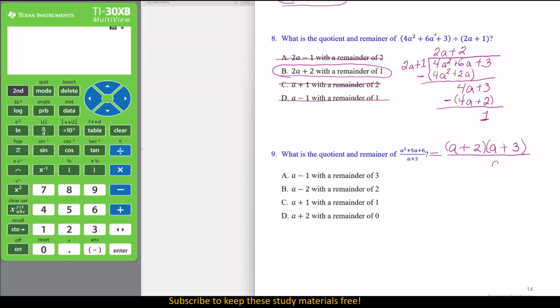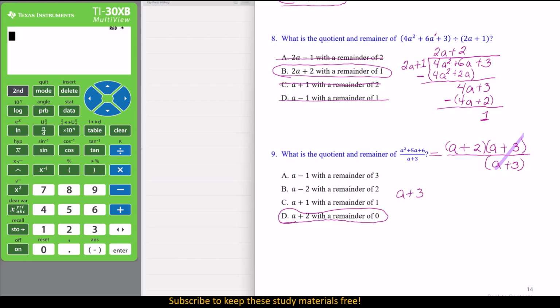And look at what we have here. These two cancel, and I would say that we have a remainder of 0, and our quotient is a plus 2. And I would say that that is option D. Well, okay, maybe you believe me, maybe you don't. Well, let's try long division.